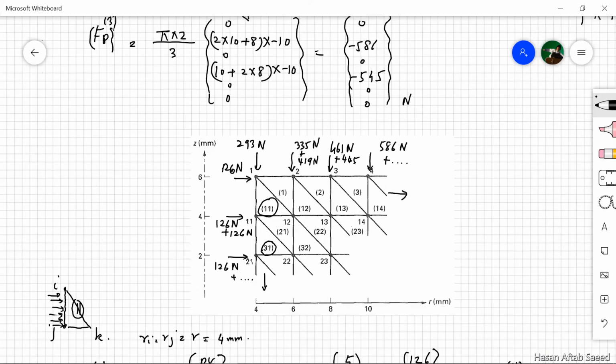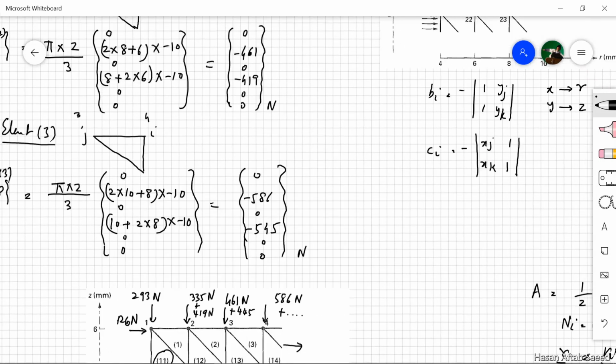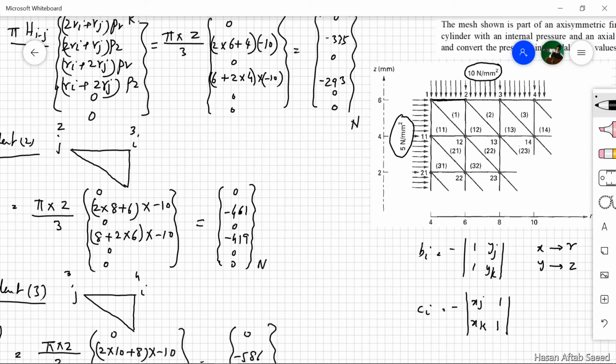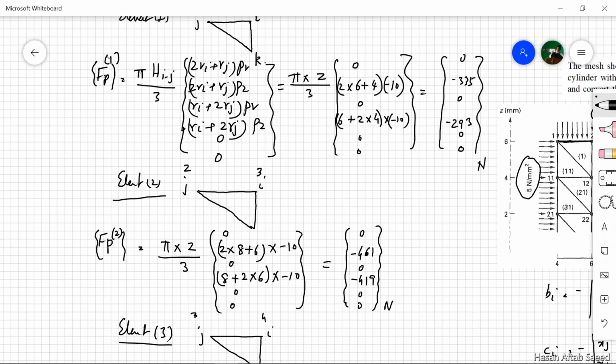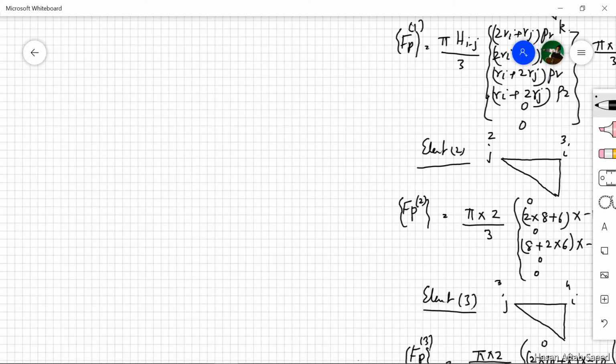Now we'll just finish with one interesting point, and that is, if we focus on element 2 here, this one, let's try and calculate the value of forces that are generated as a result of pressure on element 2 alone. Recall that the real problem is a cylinder, and we have this kind of a situation.